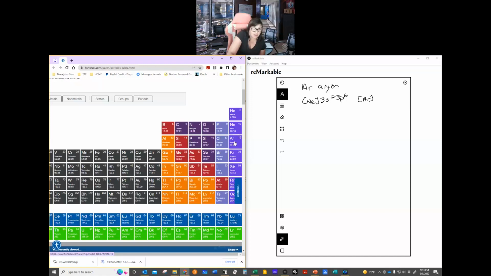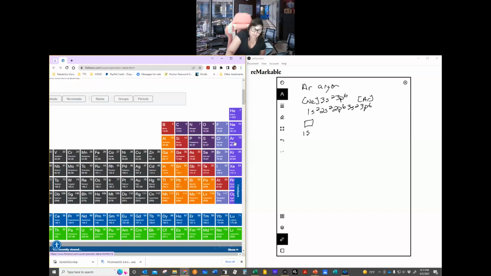That is a noble gas configuration, so that works as well. The full thing is going to be 1s2, 2s2, 2p6, 3s2, 3p6, because the neon core is 1s2, 2s2, 2p6. All right, so that's the full form and the noble gas notation.